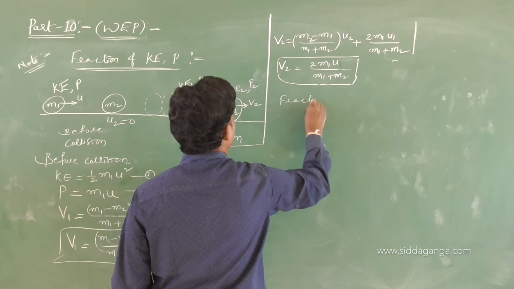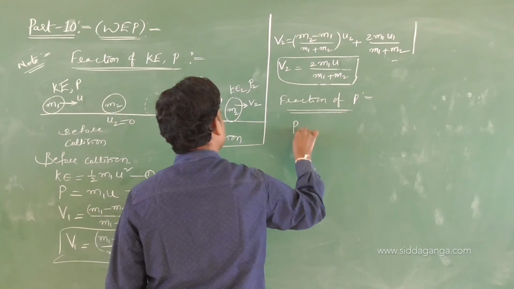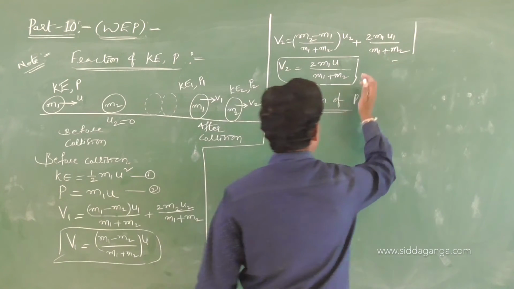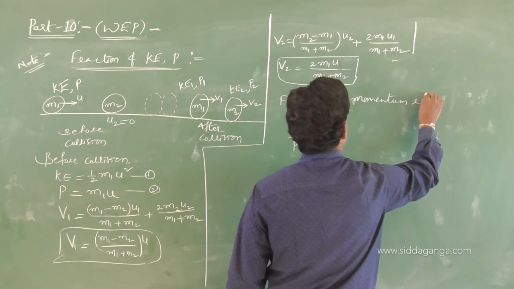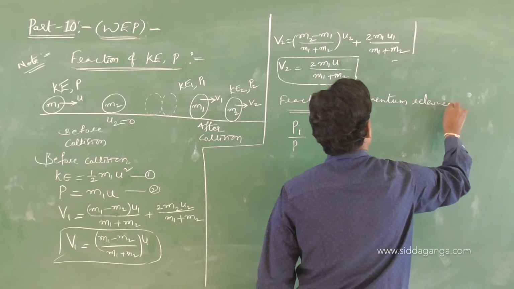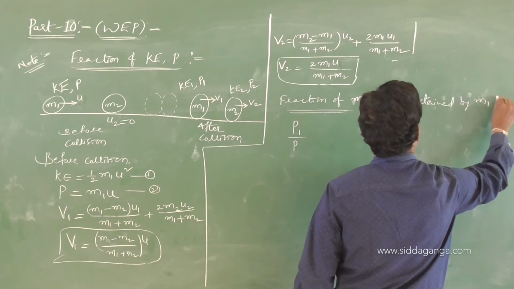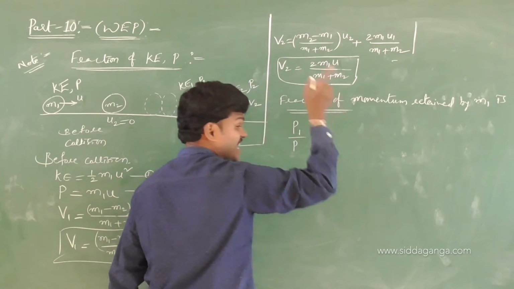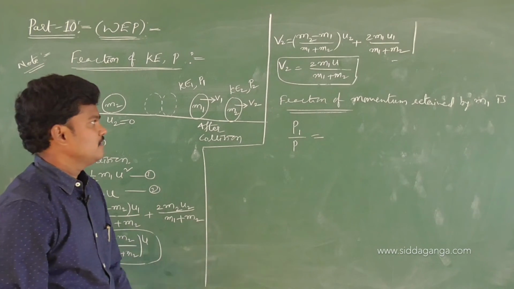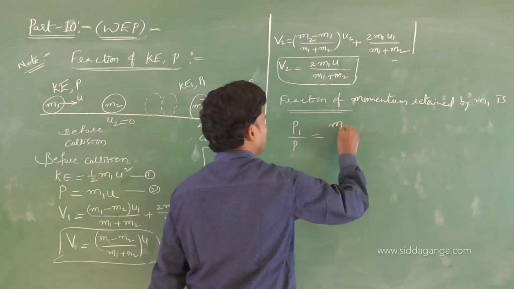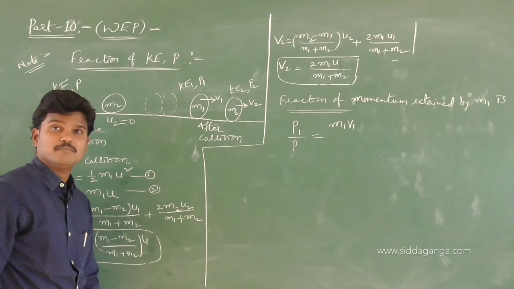Now fraction of momentum, let me write directly. P1 by P, fraction of momentum retained by m1. Like KE1 by KE, P1 by P, previously I wrote KE1 by KE. What is P1? P1 is the momentum of the first particle after the collision, m1 v1.